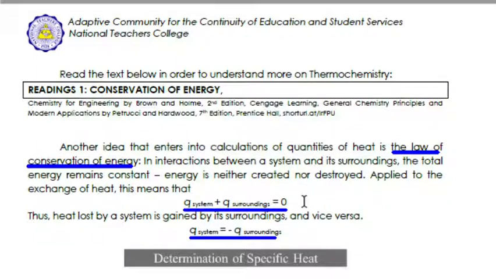It means that there is no energy wasted. Thus, heat lost by a system is gained by its surroundings and vice versa. So this is what I have stated earlier. Q system is equal to negative Q surroundings.